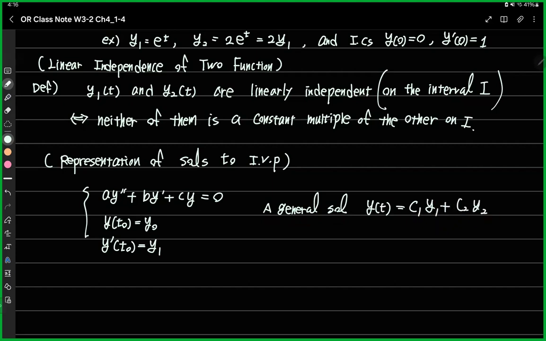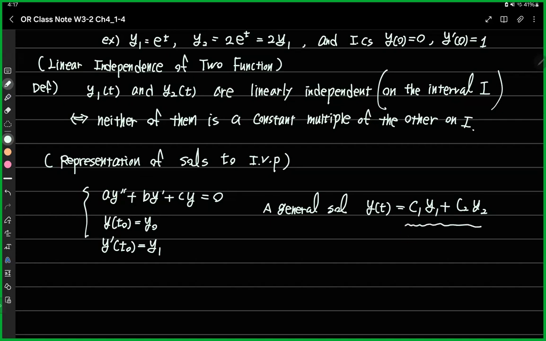This is what we did before, right? But here's one more condition. Y1 and y2 must be linearly independent. If y1 and y2 are solutions of this differential equation, and they are linearly independent, then this must be the unique solution.